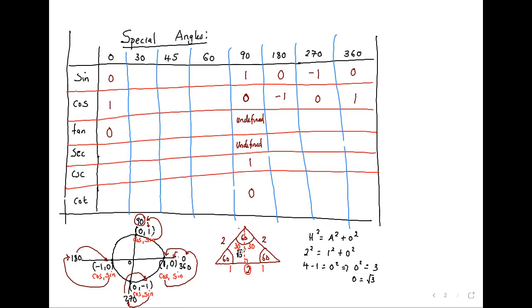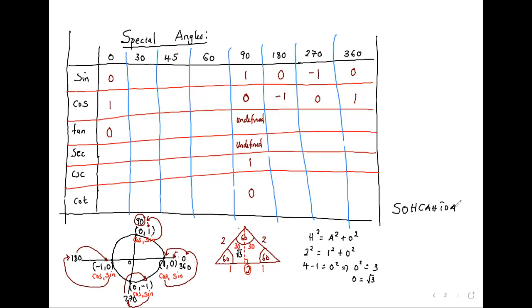So what does that mean? We now know from SOHCAHTOA, we can tell what sine 30 is.